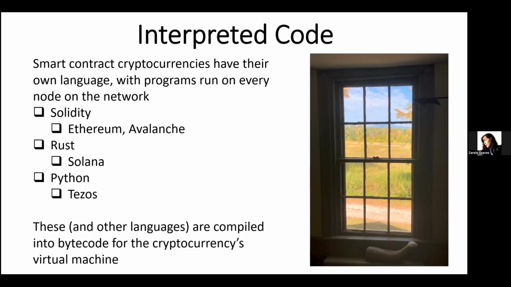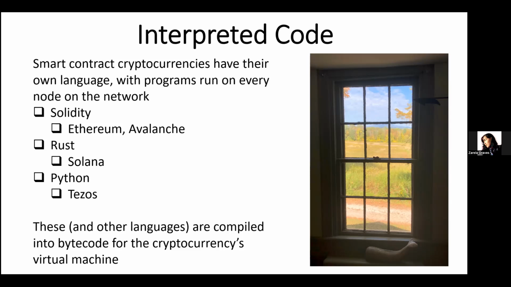You can put a program into that transaction, and that program gets run on every node. It's not that it's run in one place and the results are confirmed. It's run on every node. Every time somebody wants to validate the blockchain, they have to run the code that you put in there. Okay, and it's a very powerful concept. It's what lets you have smart contracts.